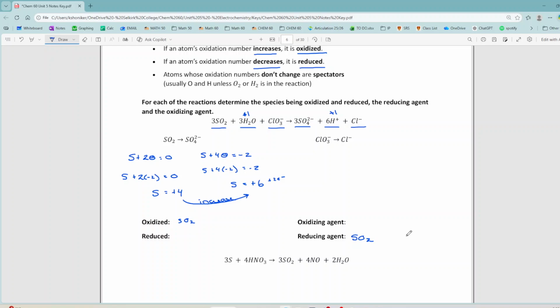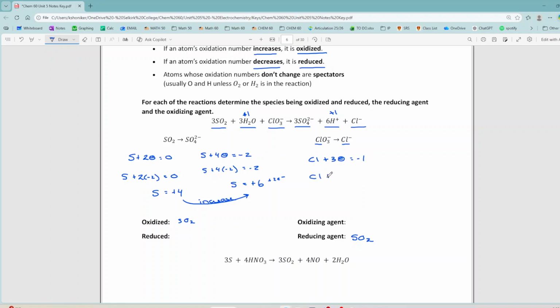Now let's prove this to ourselves by checking out one other element and hoping that it is reduced. So now I'm going to choose the chlorine on the left and the right. Now on the right, chlorine has its normal charge of -1, but on the left I have chlorine with oxygen. And chlorine, or any halogen with an oxygen, can change its oxidation number to being positive. So on the left I have chlorine plus 3 oxygens equaling -1.